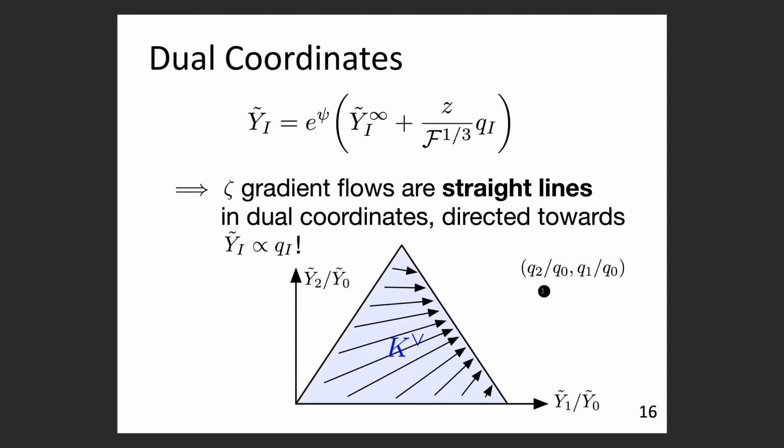And in this case, outside that region is where the charges are. To make this picture more physical and easier to draw, I've divided by one of the homogeneous coordinates in the usual way for getting rid of my scaling. Then these flows are just going in a straight line towards that point. In this case, they don't reach it because it's outside the moduli space, but you know exactly which direction they're going because of what we found about the flows.